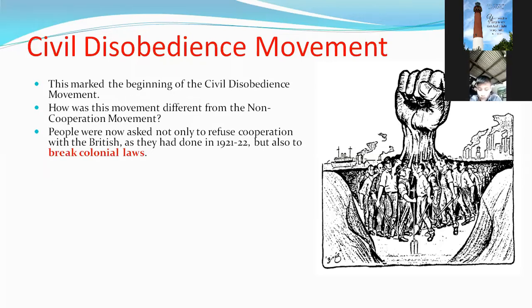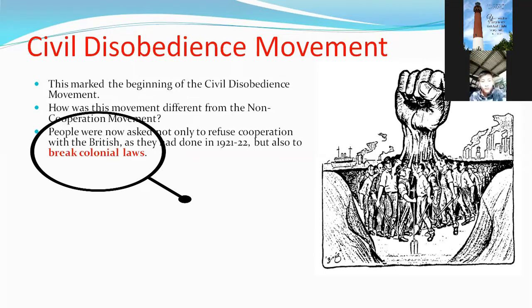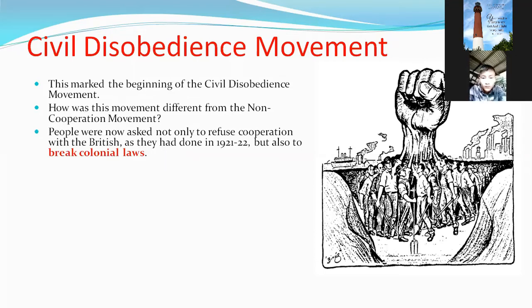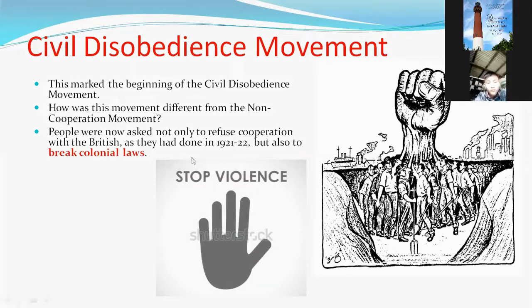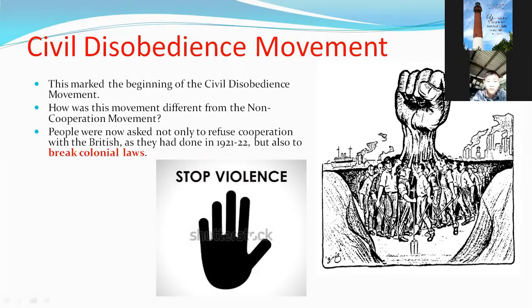Now the difference between 1921-22 and 1931, mind you, this is 10 years later, the public is breaking the law. They are breaking the colonial laws or the laws set up by the British, and they are being asked to do it non-violently. I think they had enough time to reflect on the mistakes, and now they were following it just as Gandhi would have liked them to follow.